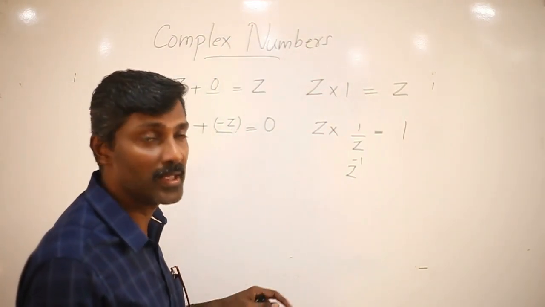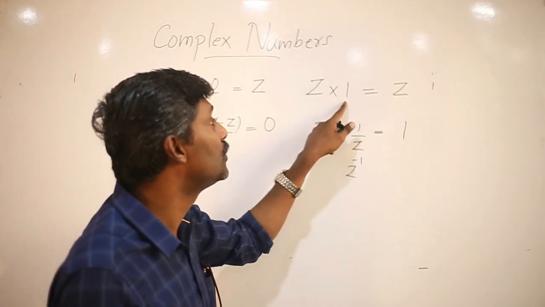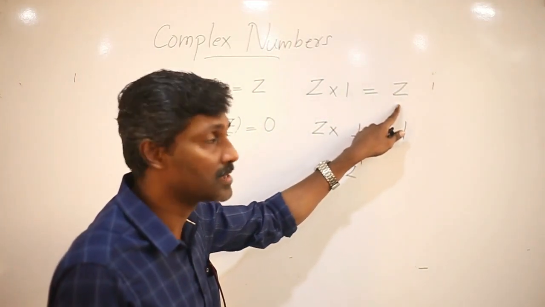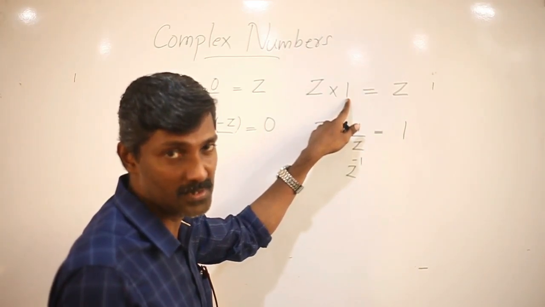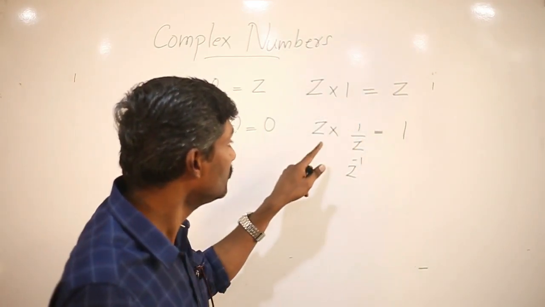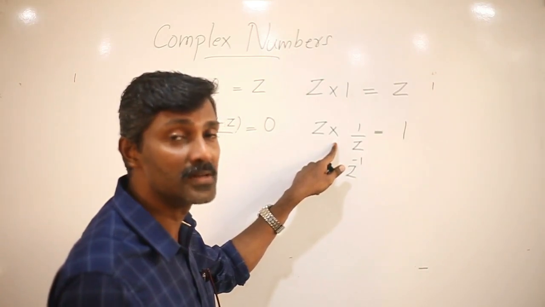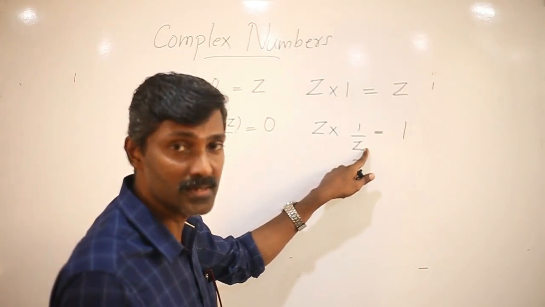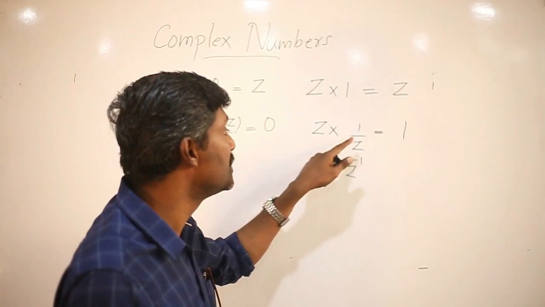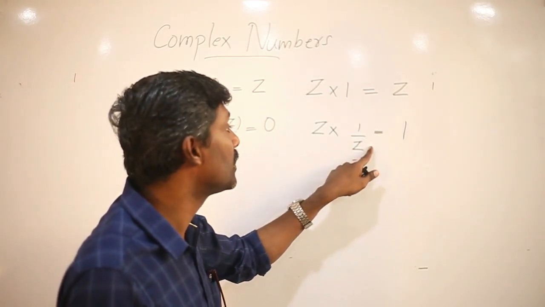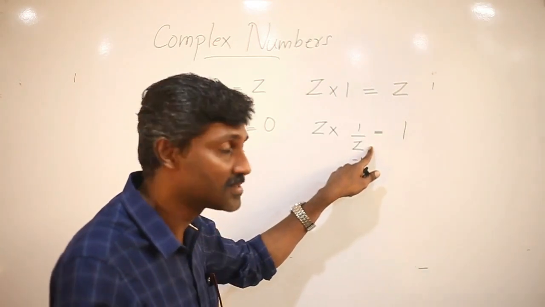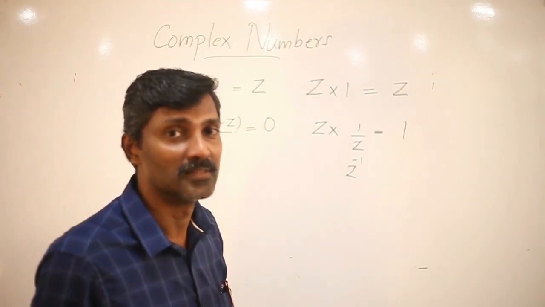Now coming to the multiplicative identity, z into 1 gives you z. So that means 1 is the multiplicative identity of a complex number z. And what is the multiplicative inverse of z? It is 1 by z, because z into 1 by z will give you the multiplicative identity 1. Hence 1 by z is the multiplicative inverse of a complex number z.